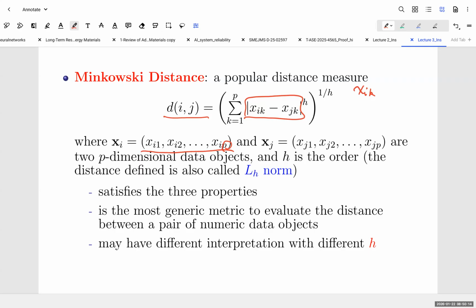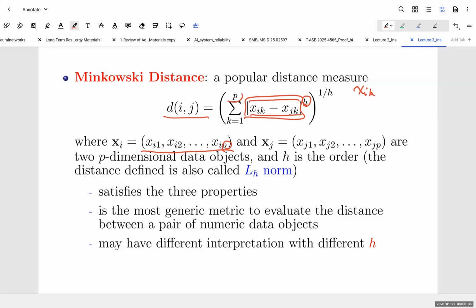So for each individual variable, we compare the distance between the two data objects, and we take an absolute value of it, and then to the power of h, and we sum up with respect to all the p variables.